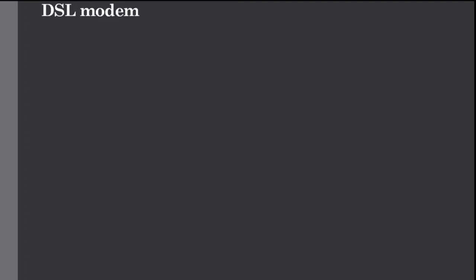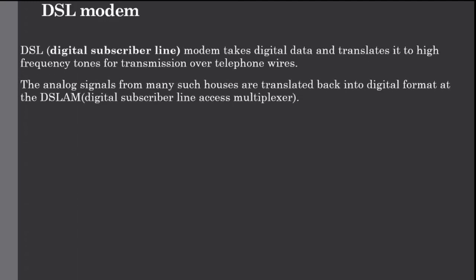We have the DSL modem, which stands for Digital Subscriber Line. It takes digital data and translates it to high-frequency tones for transmission over telephone wires. The analog signals from many houses are translated back into digital format in the Digital Subscriber Line access multiplexer.